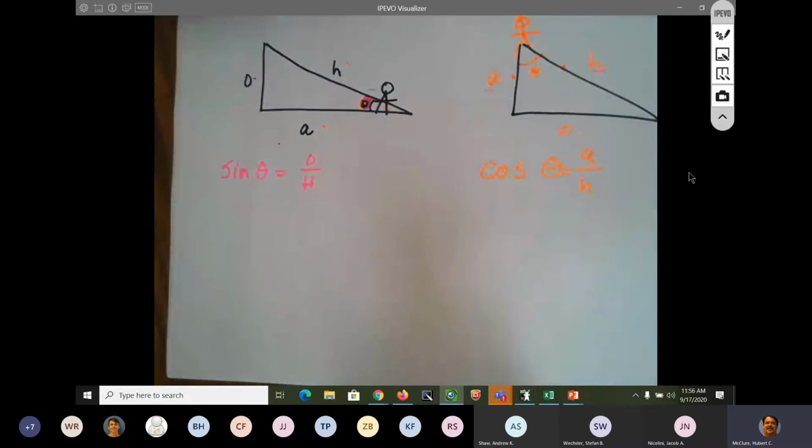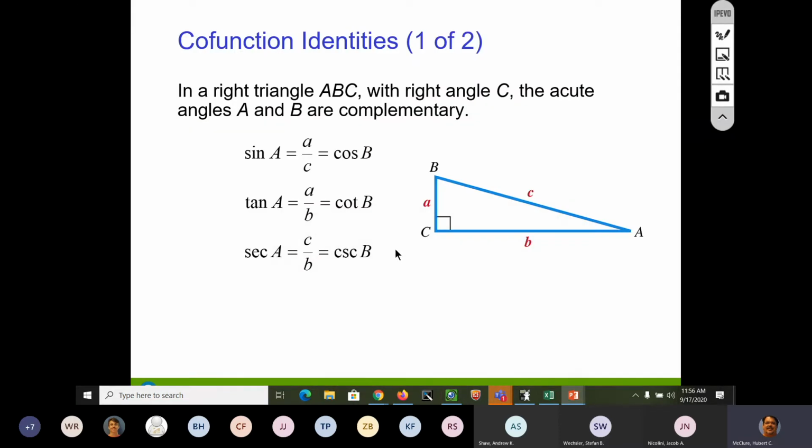That, to me, is the best way to show students the cofunction. I'm not going to show you these slides on the cofunction because I think they confuse students. But when we get to an example, I'll show you the best way to use it. So let's go back to the slides, and I'm going to just skip this one.